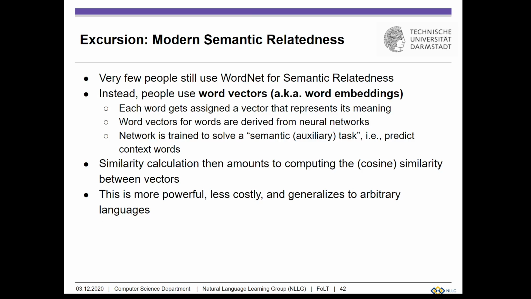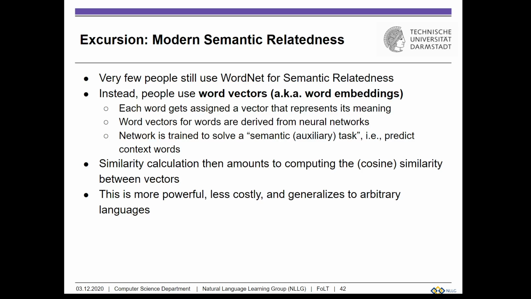Okay, now let me give a brief excursion, because I have indicated earlier that what we are doing in the lecture is quite elementary, and there are other approaches nowadays to many aspects that we are computing, and there are more novel and better approaches.